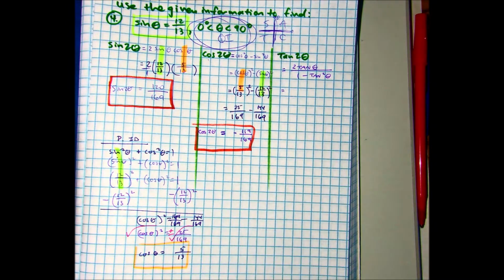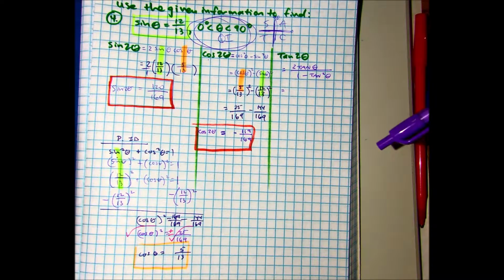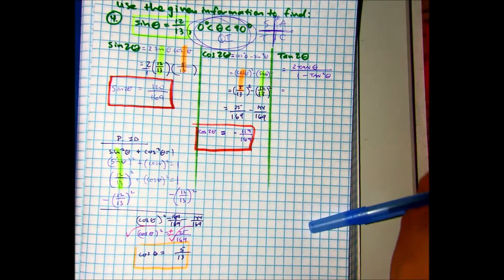Class, we're on our paper. Do we have tangent? Partner B, tell partner A, how do you get tangent with what we have on here? Macy! Oh my goodness.